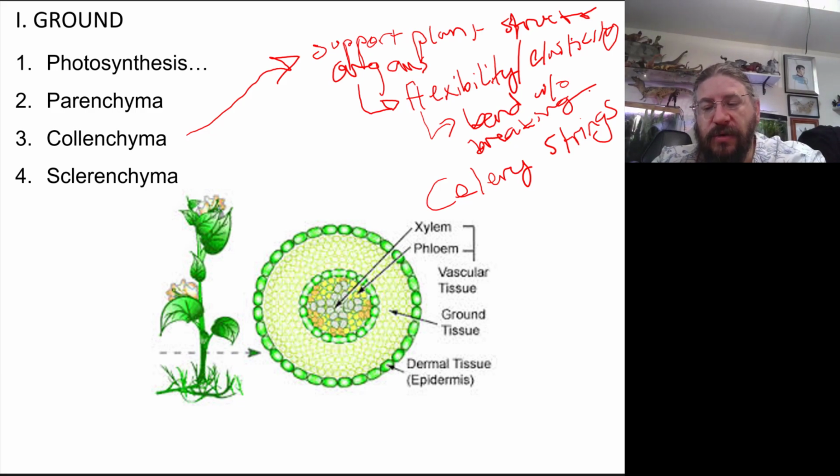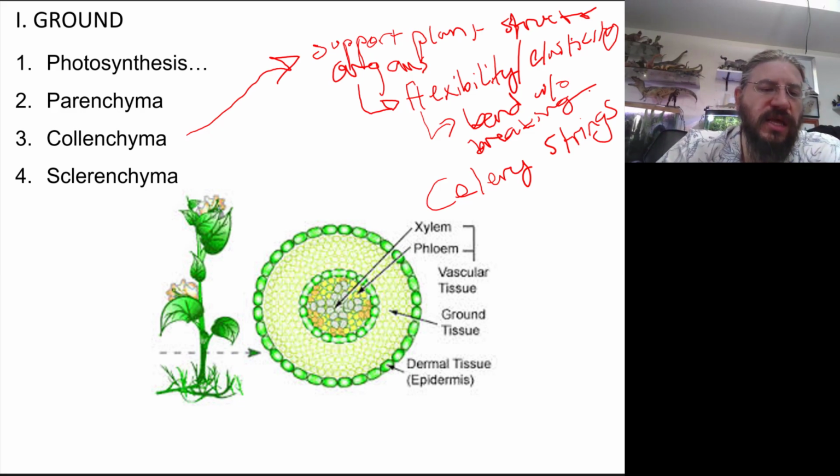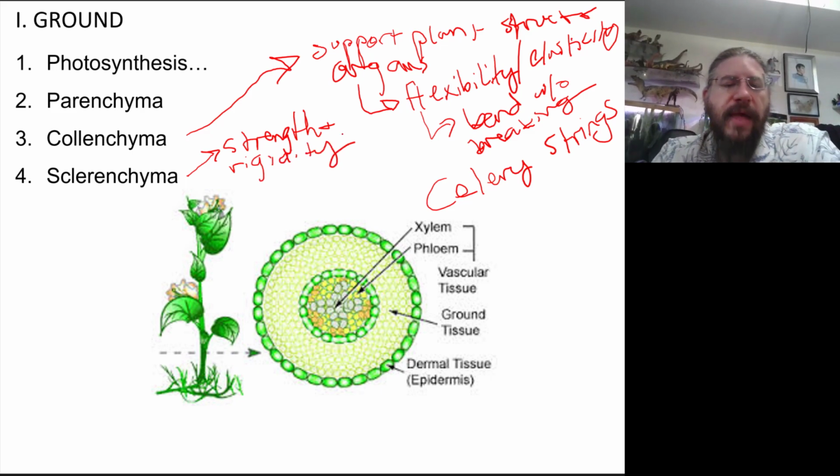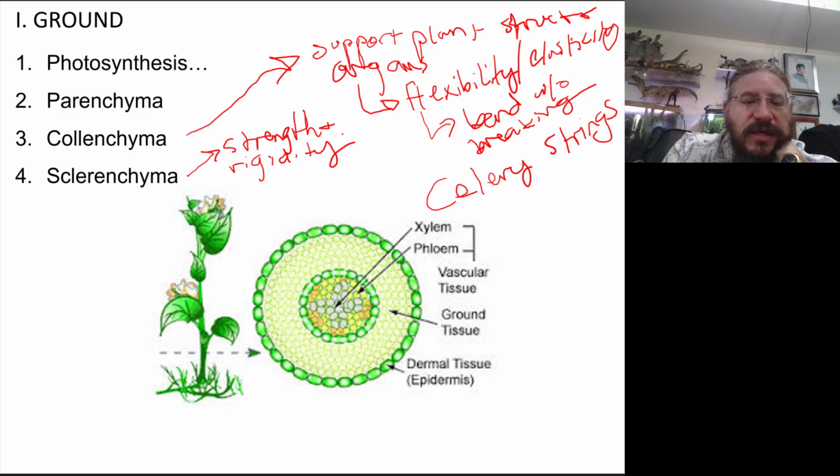And that brings us to the sclerenchyma. All right, so the sclerenchyma is where we find strength and rigidity. The key thing providing that strength and rigidity is the protein lignin.